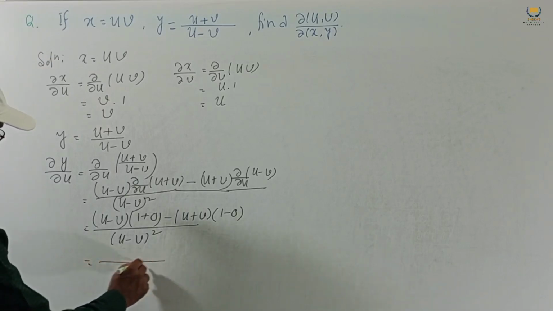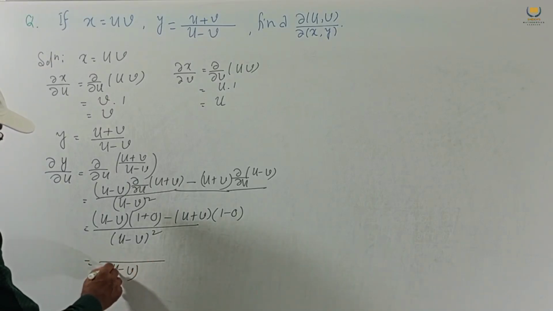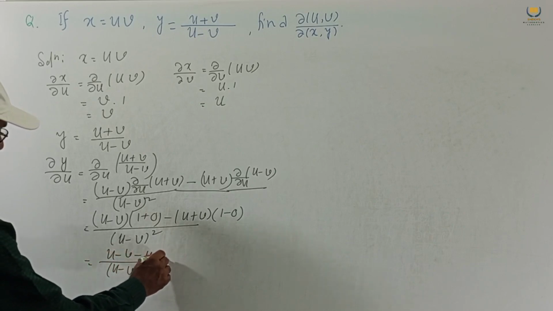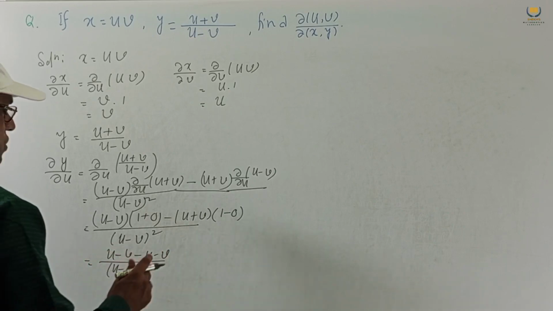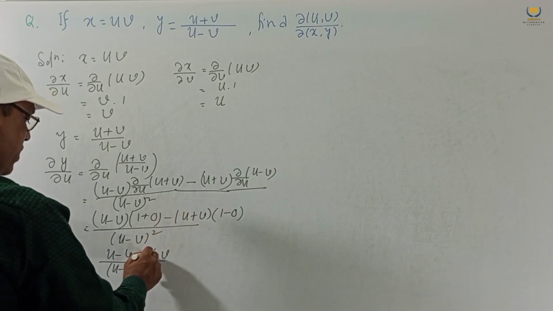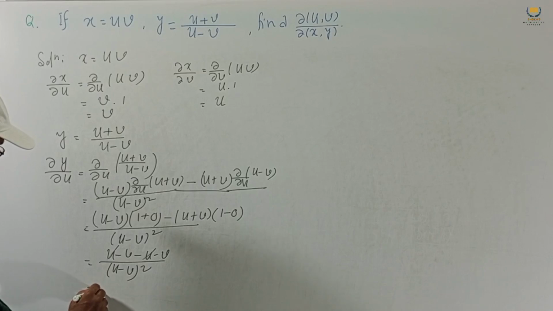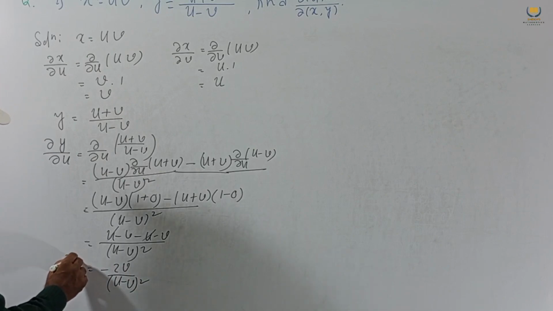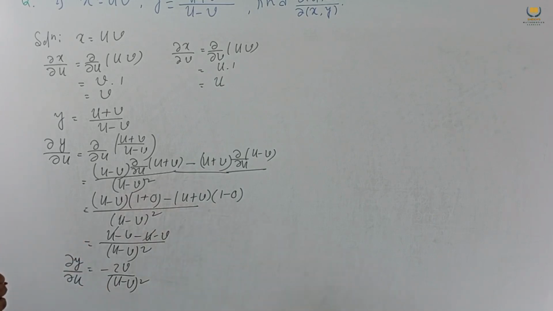So we get (u minus v) whole square in the denominator, and in the numerator (u minus v) minus (u plus v). If we remove the bracket, this is minus, then u cancels, minus 2v by (u minus v) whole square. This is ∂y/∂u, we get this.